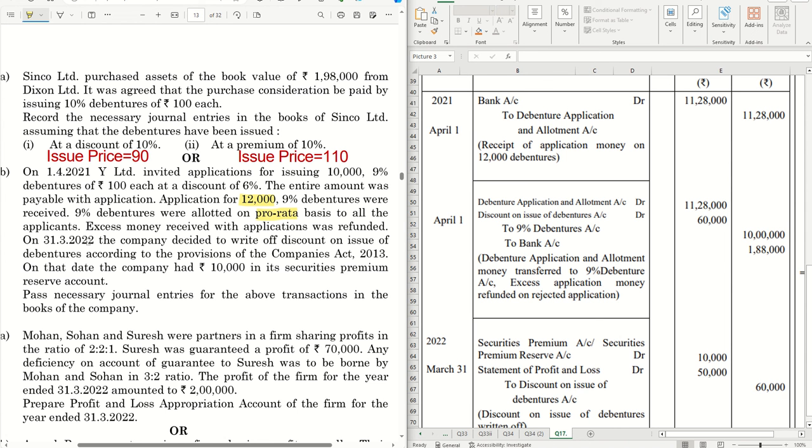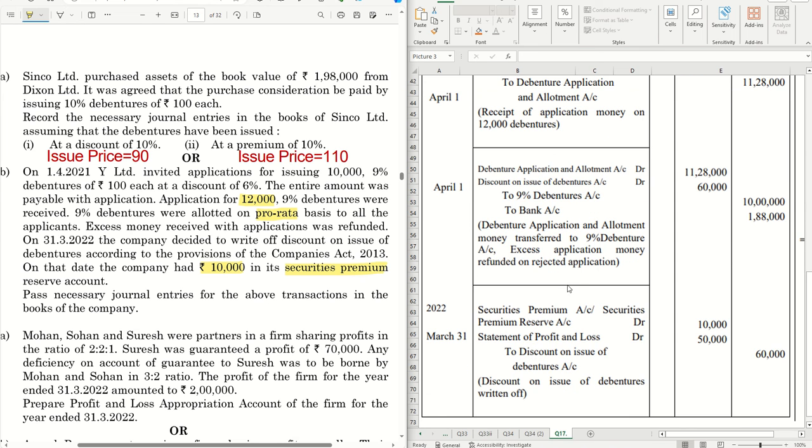On 31st March 2022, the company decided to write off the discount on issue of debentures according to the provisions of the Companies Act 2013, and on that date the company had 10,000 in its securities premium reserve account. This is an important information which is given, because we will need this in the third journal. So let's write off the discount on issue of debentures.